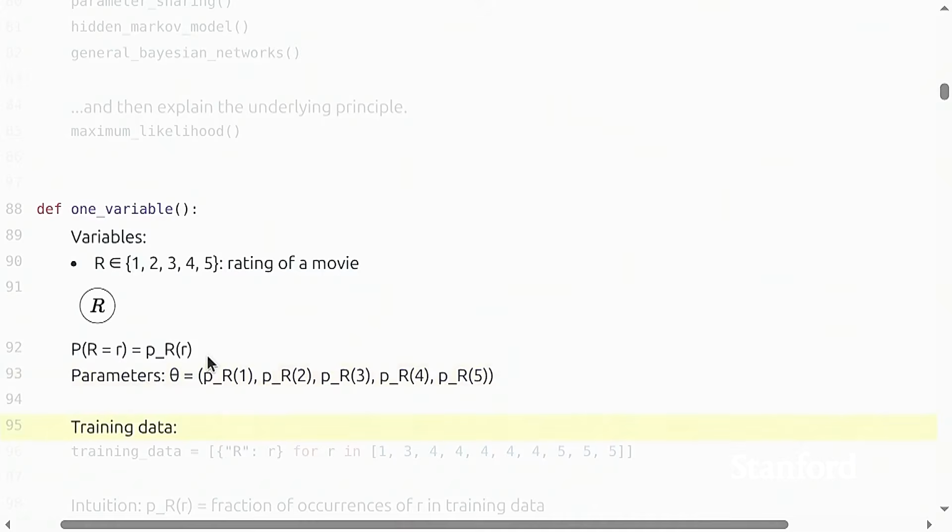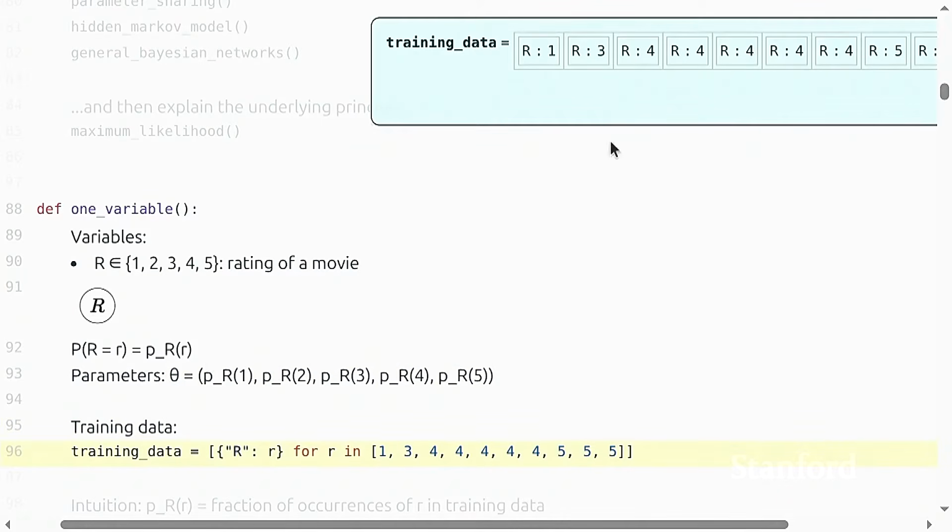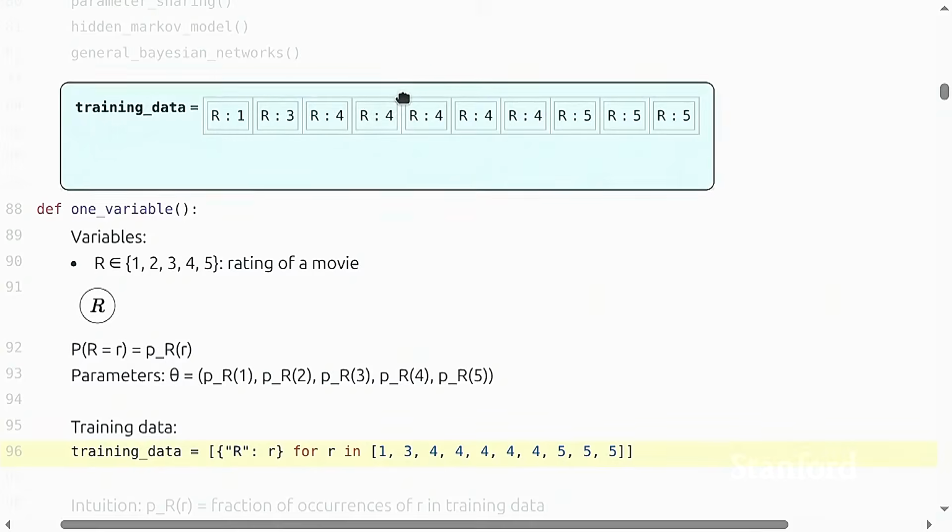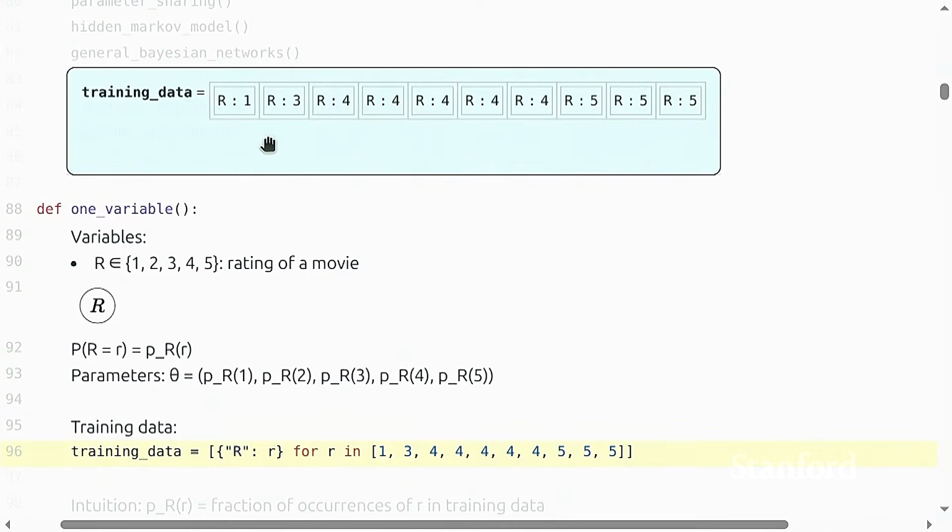So what does the training data look like? Here is an example of training data for this variable. Remember, a full assignment to just one variable: I saw a movie and I rated it 1, saw another movie, it's rated 3, saw another movie, it was rated 4, and so on and so forth.